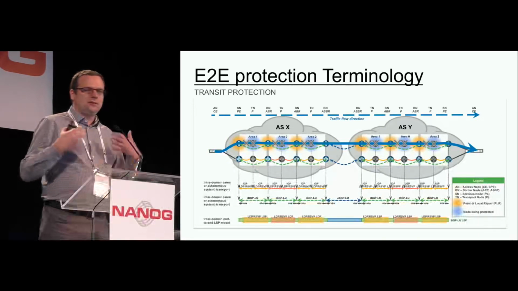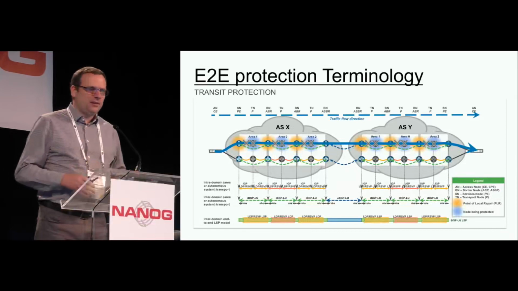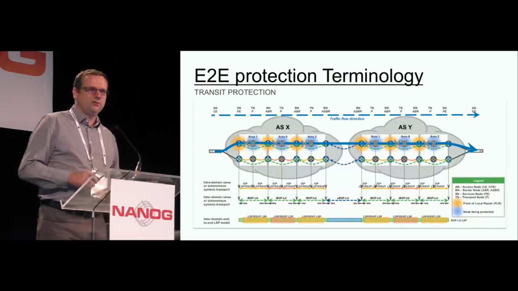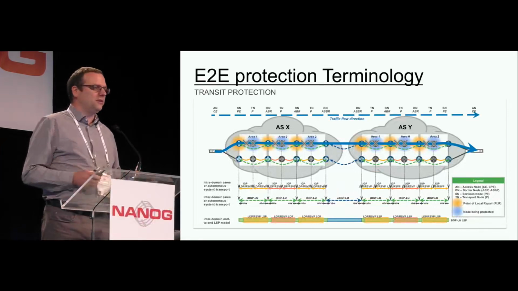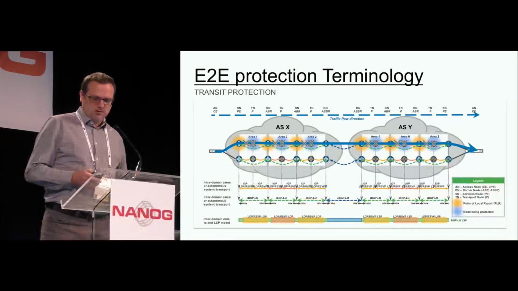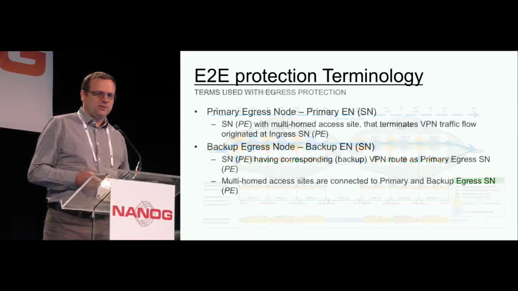It's covered by LFA, for example remote LFA, topology independent LFA. In the RSVP world, we have RSVP fast reroute, one-to-one protection or facility protection. So we have a lot of different protocols to protect ourselves. I will not cover this part of the story.